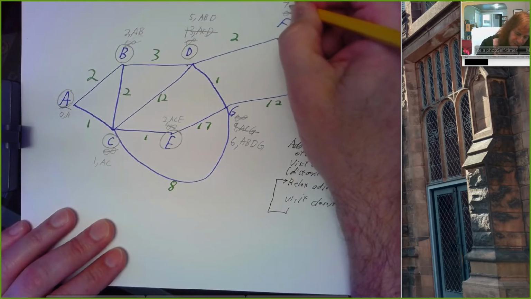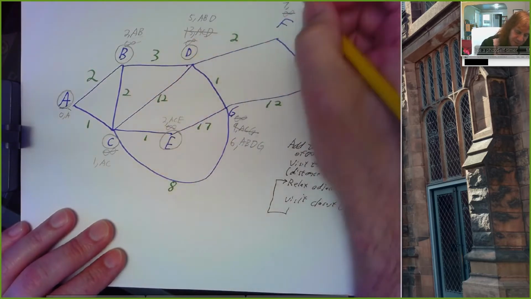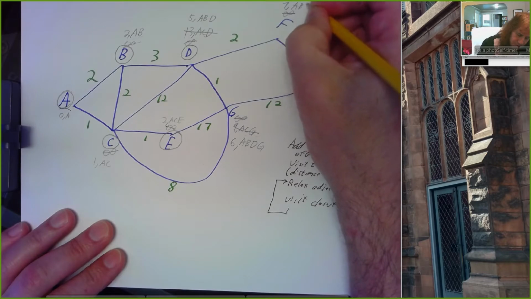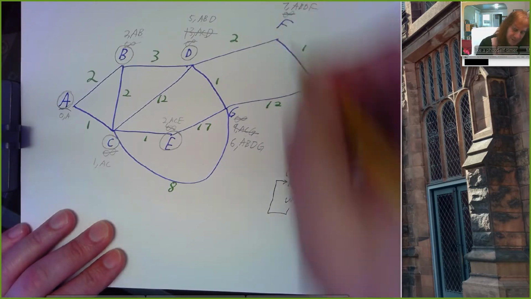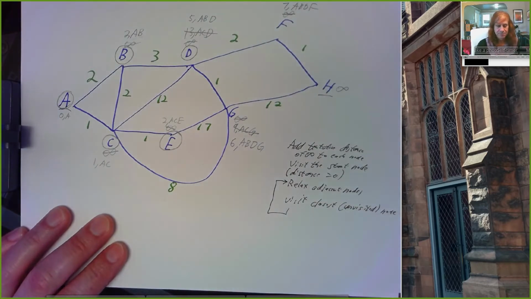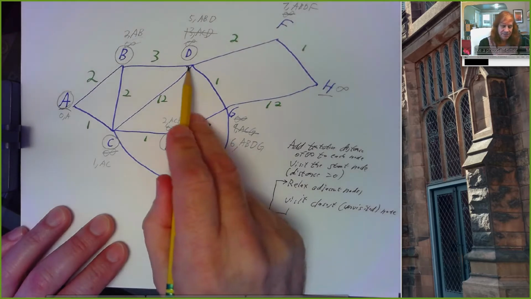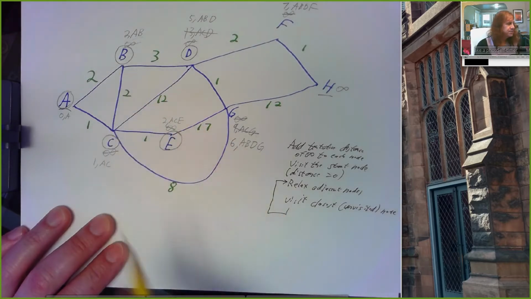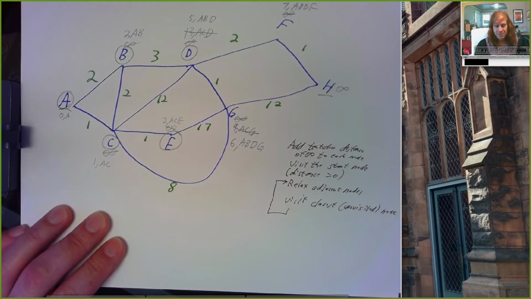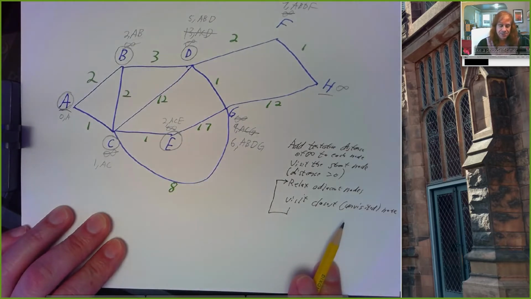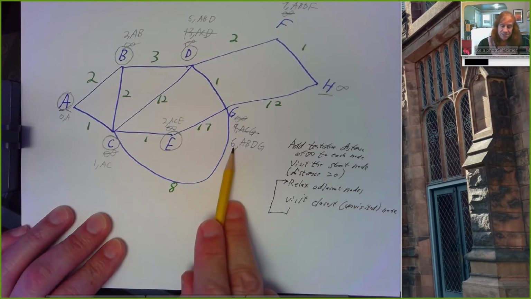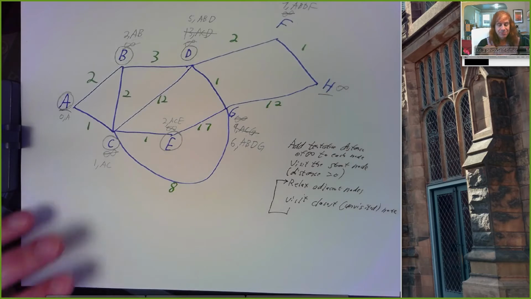So replace this with a 7, and the path is ABD, followed by this vertex F. And every other node adjacent to D has already been visited. So we're done relaxing adjacent nodes. So now find the closest unvisited node, and it looks like that would be G, which we can reach in the distance 6. Let's sanity check what we've got so far.